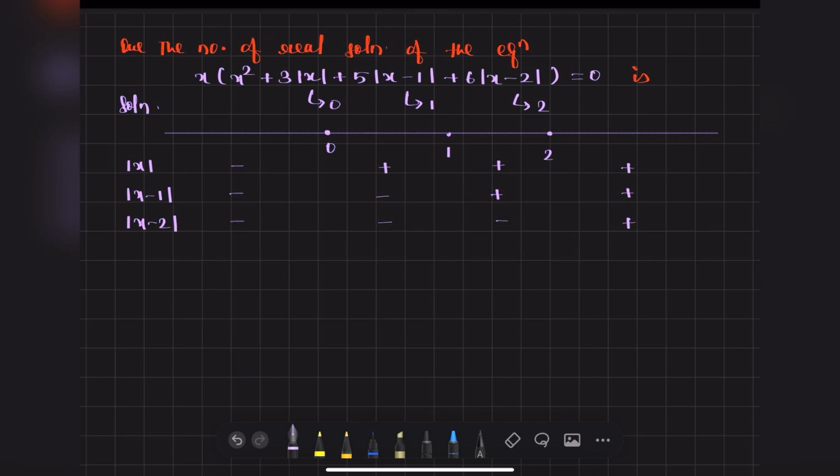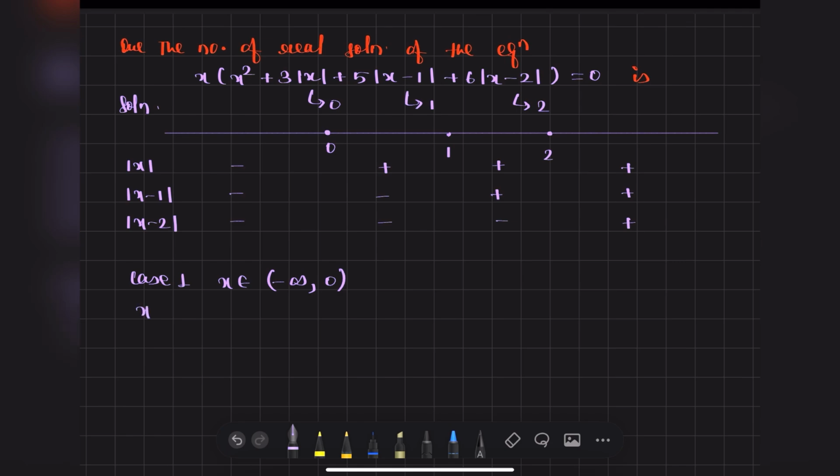Now look at this. We will go with case 1. Case 1, x belongs to minus infinity to 0. You know that every mod opens with negative sign in this range.